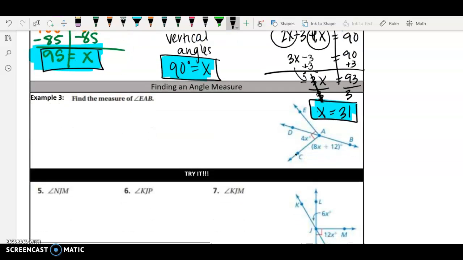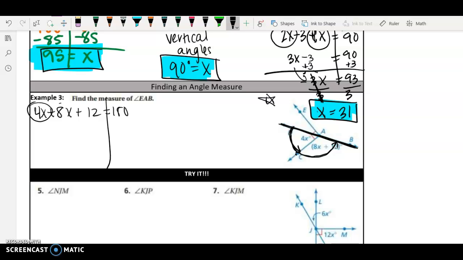Alright, so now we're going to find the angle measure of something that looks like this. It's a little bit more complex. So first we need to solve for x. So this here is a straight line. And so we have 4x. So from here to here, it's like if you're spinning. How would you measure if you're spinning? So from here to here, I spun 4x. And then I'm going to keep spinning around. And I have plus 8x plus 12 equals 180. I'm going to combine like terms.